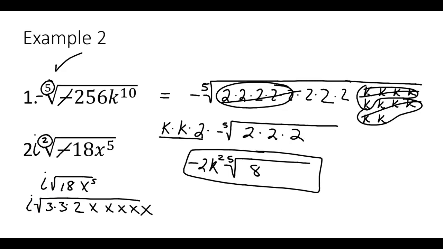It's 2. Once again, since there's no number there, we can say it's 2. So I can take out the 3. I can take out an x. And I can take out another x. So on the outside here, I've got 3x squared I. And on the inside, I've got 2x.